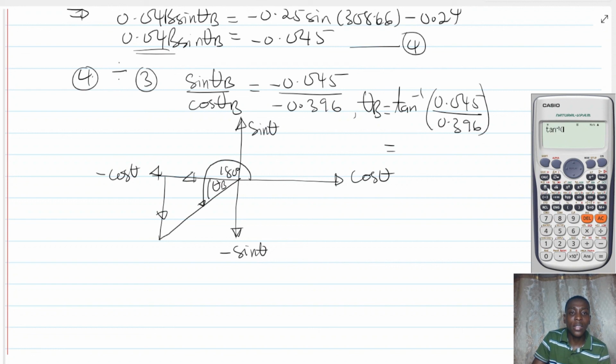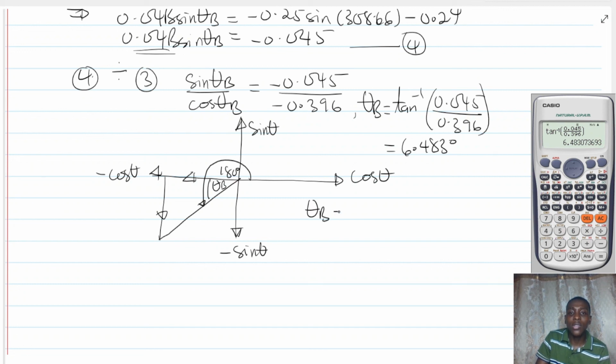So tan inverse of 0.045 divided by 0.396 is 6.483. But that is not the actual angle.